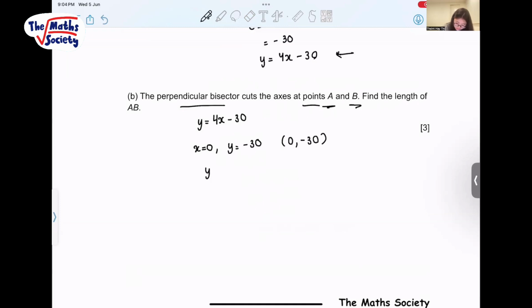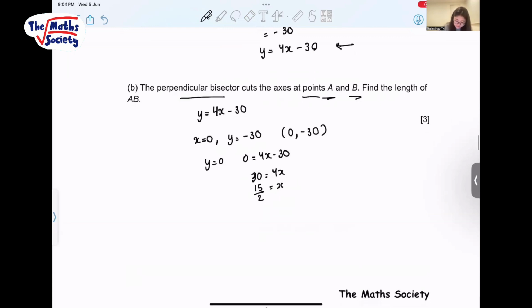And then when y is equal to 0. So 0 equals 4x minus 30. So you have 4x equals 30. This is going to be equal to 15 by 2, right? Yep, 15 by 2. So that's going to be 15 by 2, comma 0.